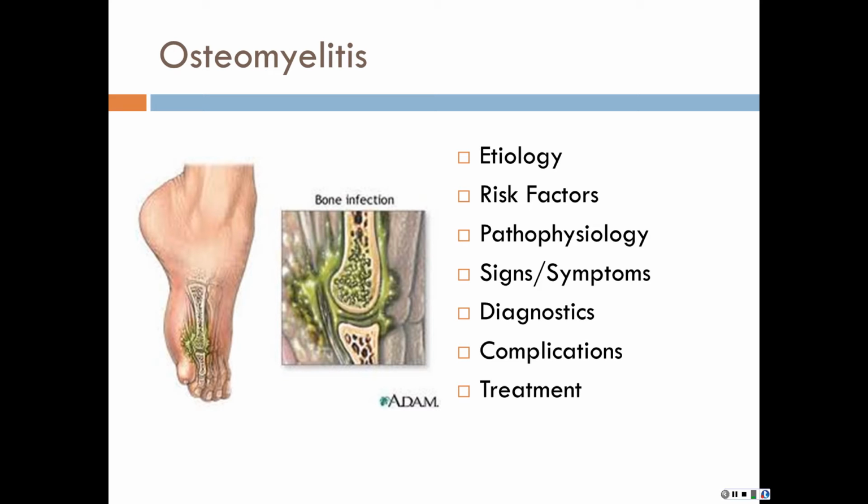In adults, a lot of times it's our vertebrae, our sternoclavicular joints, our sacroiliac joints, our symphysis pubis, our tibia. So they're bones that are rich in red marrow. In contiguous spread, any bone can be infected. And in direct, it's whatever bone has been directly punctured or broken.